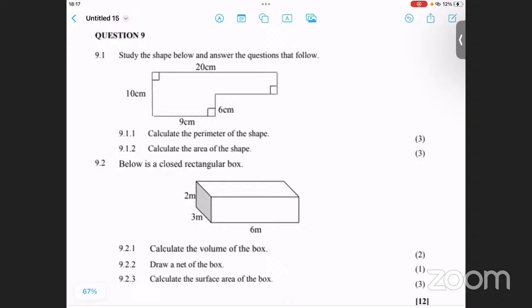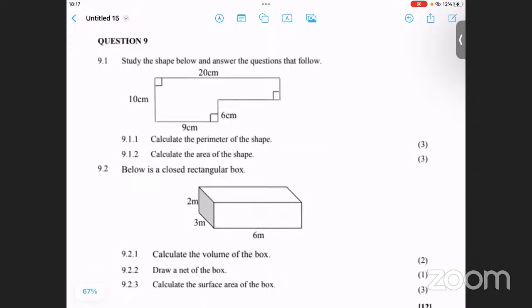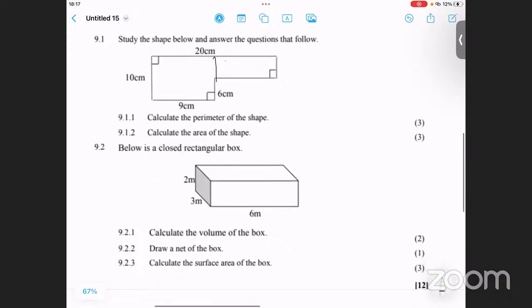If we have a straight line between here, if we cut it like this, we end up having 2 regular shapes, or shapes that we know. And we have the dimensions of the sides. Now the first question says, calculate the perimeter of the shape.